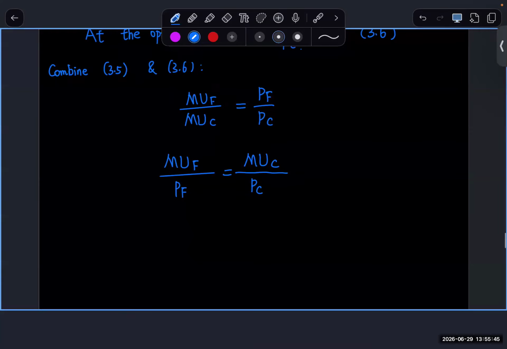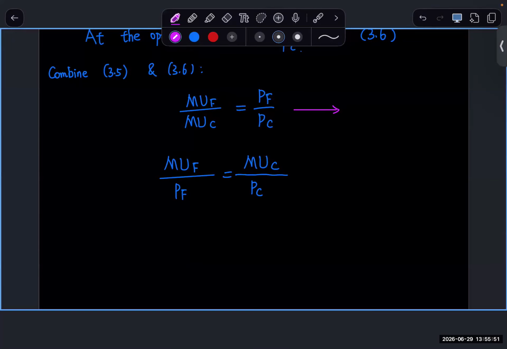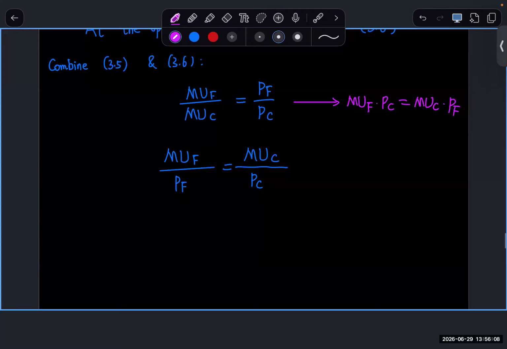Okay, let me show you. From here, we cross multiply, right? MUF times PC equals MUC times PF, okay? This is just cross multiply. And then we divide both sides by PF first.